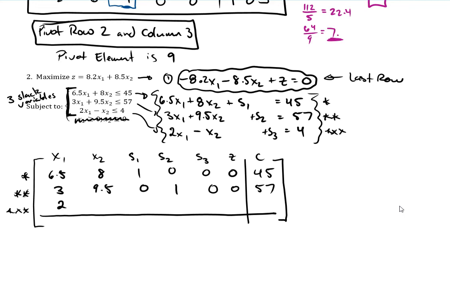Our third one is 2, then negative 1, 0, 0, 1, 0, 4. And then now our last row is the objective function, the negative 8.2, the negative 8.5. Then there's a 0, 0, 0, 1z, and then 0.